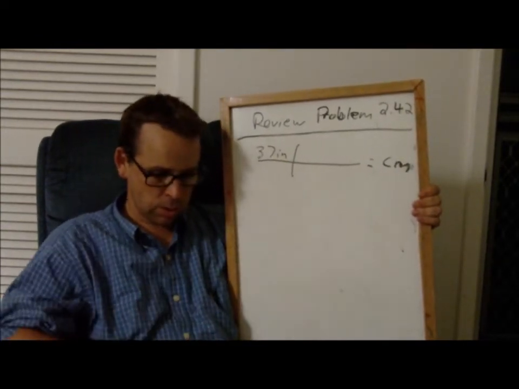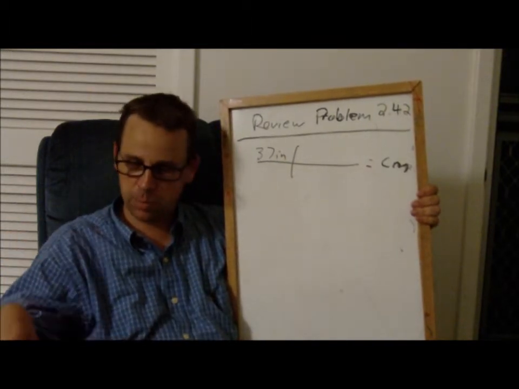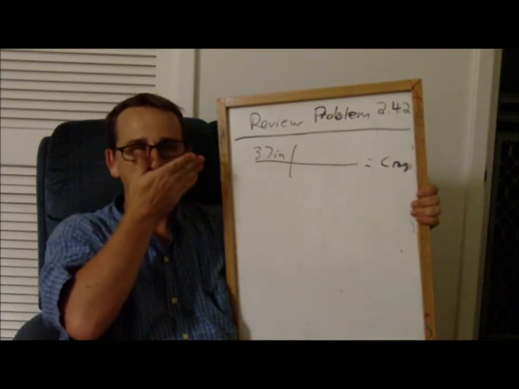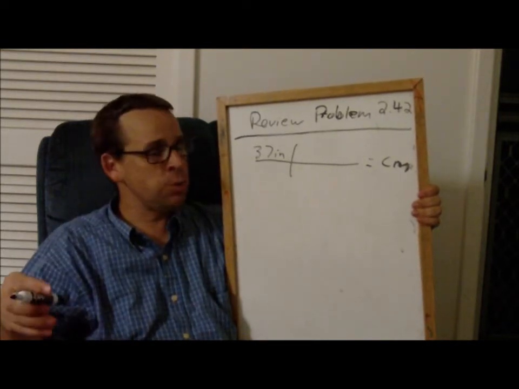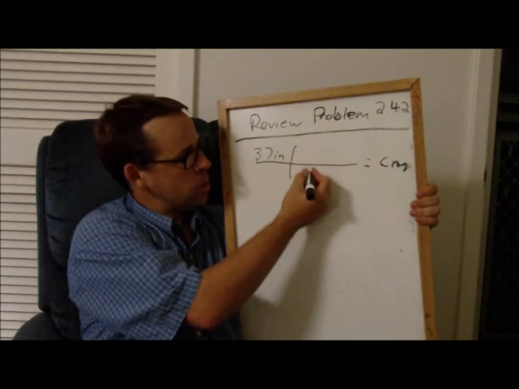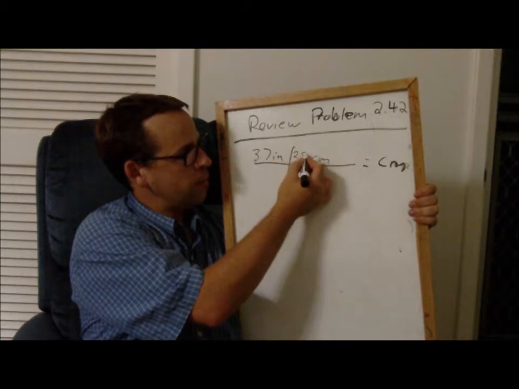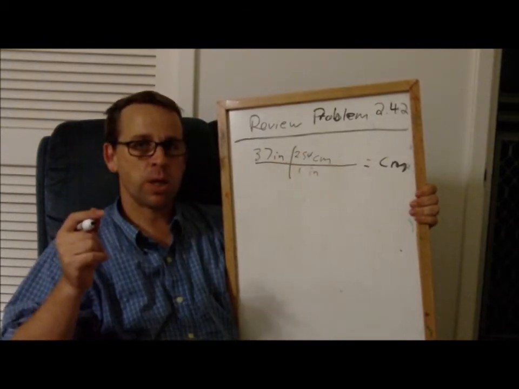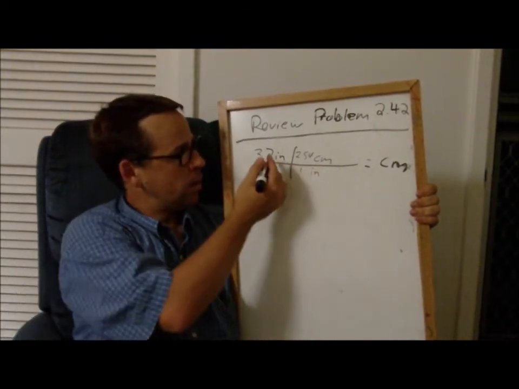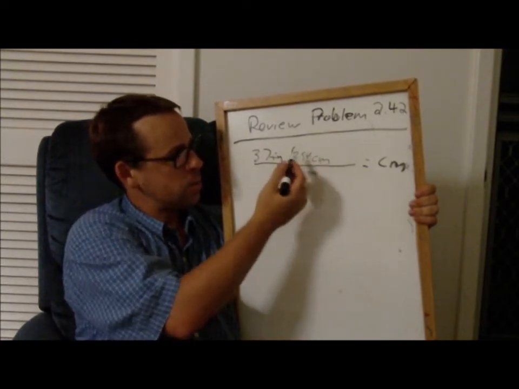Alright? Inches. Well, there's one conversion that I would like you to remember. It helps you to do meters to feet and inches to meters and centimeters. It is 2.54 centimeters for every inch. So if we have inches on the bottom here and we need centimeters on the top, 2.54 centimeters for every 1 inch. Now that'll cross out inches on the top here and leave us with centimeters.